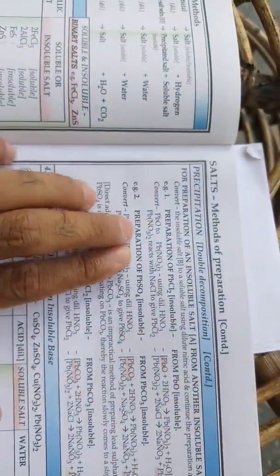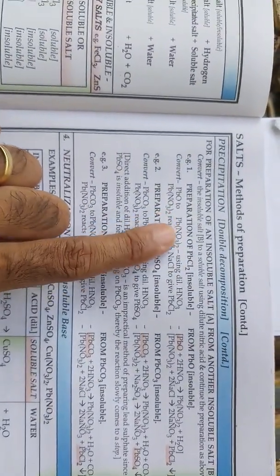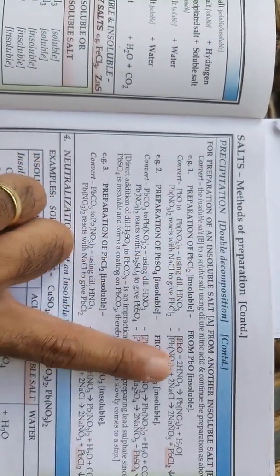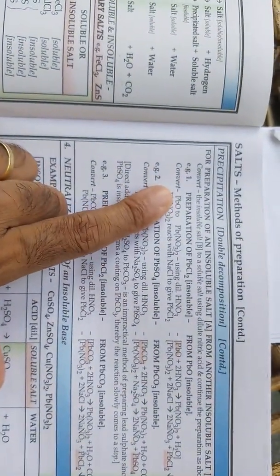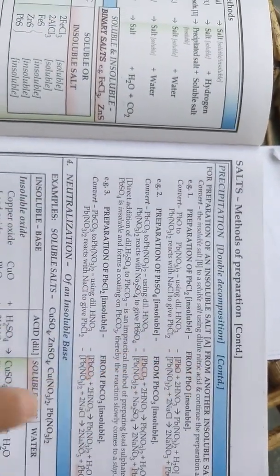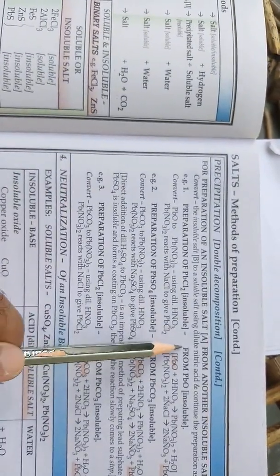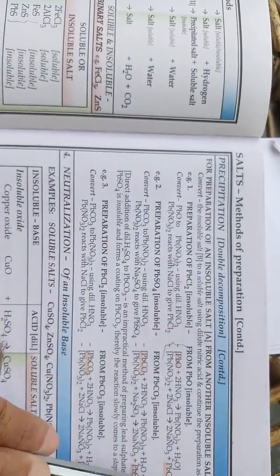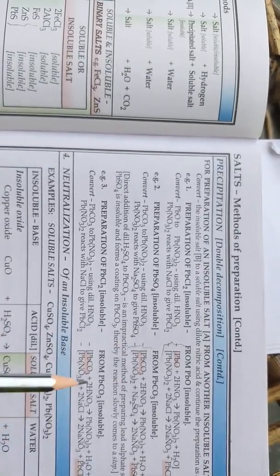Keep these in mind because here you simply see, in one form, the preparation of lead chloride from lead oxide. So you have to start with the lead oxide. The reaction is there, right? Keep these reactions in mind. In the board exams they generally ask these reactions. It is of 1 mark.